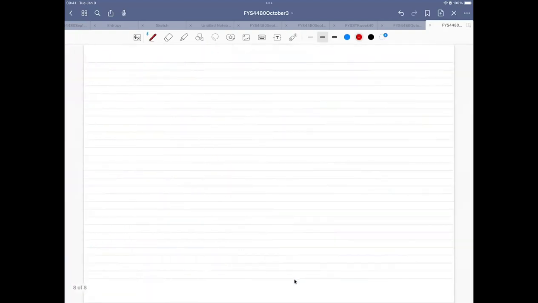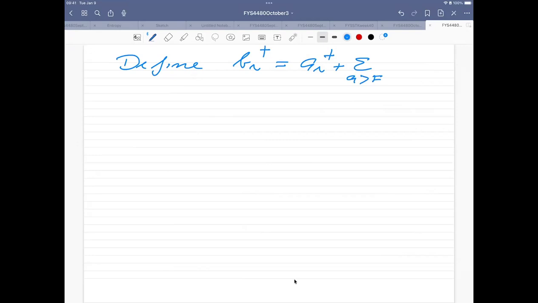So what I'm going to do next is simply to define this operator B. So we define B_I, and this is defined as the creation operator here, plus this sum over A, starting with states above the Fermi level, of C_I^A a_A^†. So this has a constraint, and that means that the operator is not general enough.